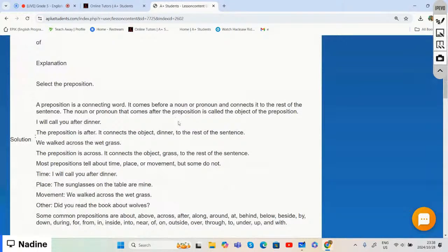Because remember, the preposition comes before a noun or a pronoun, and the noun that comes after the preposition, we call that the object of preposition.